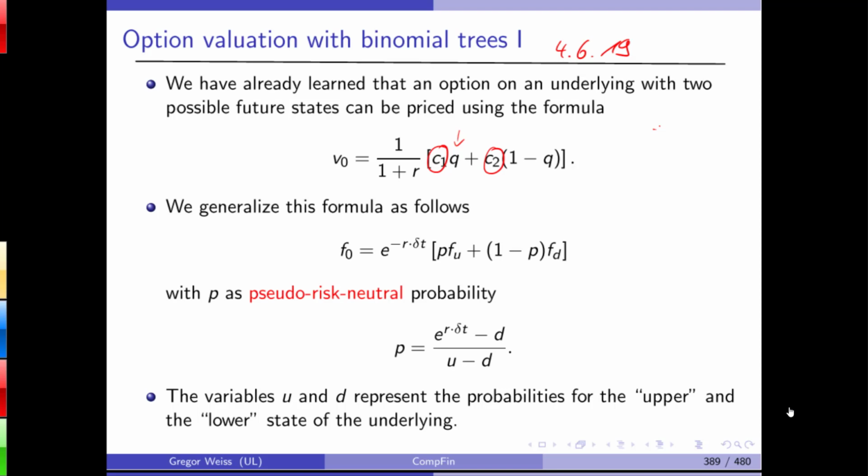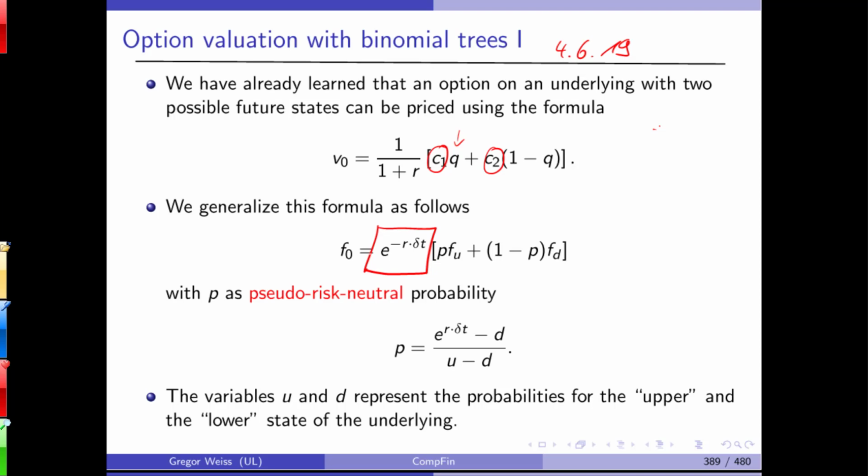So we generalize this a little bit, and instead of using a discount rate that is discrete, we use a continuous interest rate, and then obviously a continuous discount rate as well. And we generalize this in the following way.